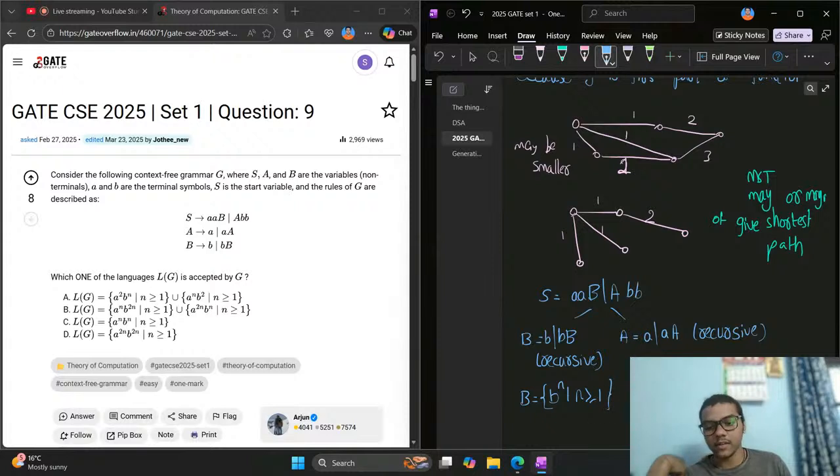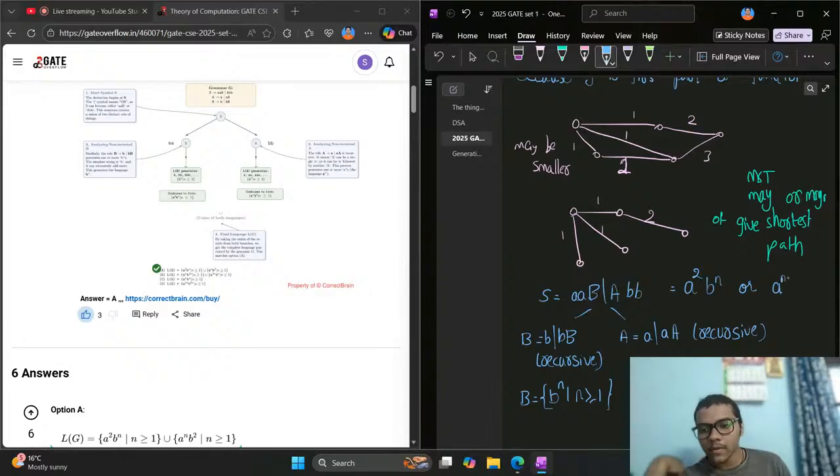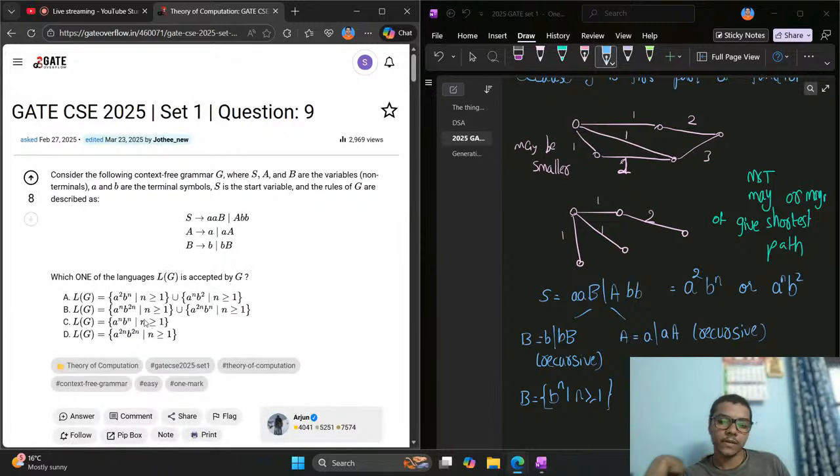That's the definition. And A is equal to a power n, for all n greater than or equal to 1. So now this can be a square b power n, or a power n b square. Right, that is option A. And we solved it.